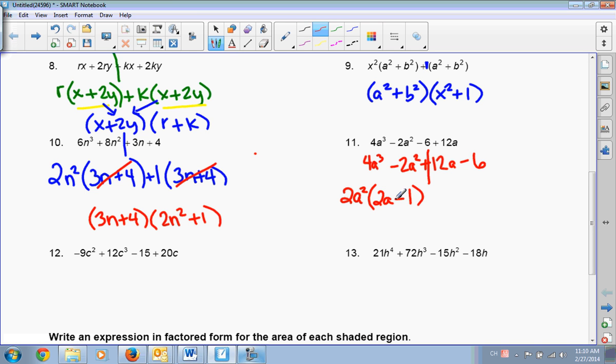So we have to have the negative, what number? 1. Because 2a squared times negative 1 is negative 2a squared. You've got to have that minus 1. And what did the 12a and the 6 have in common? 6. So we pulled out 6, 12 divided by 6 is 2, a, and then minus 1. Right?